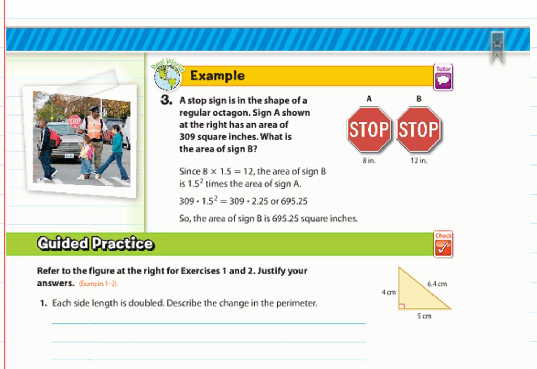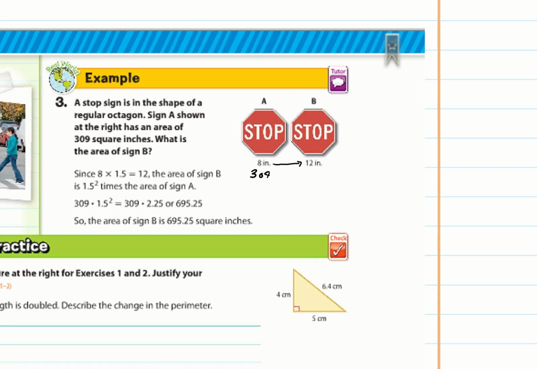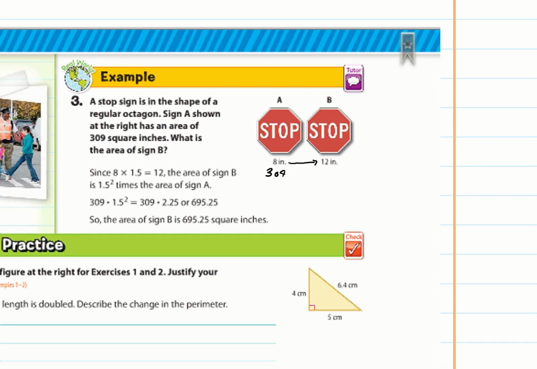So example 3. A stop sign is in the shape of a regular octagon. Sign A, shown at the right, has an area of 309 square inches. What is the area of sign B? Well, I know this sign A is 309. And in order to get from 8 to 12, we have to find out how many times bigger 12 is than 8.